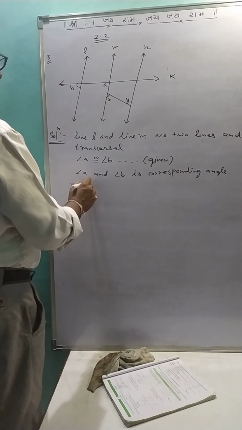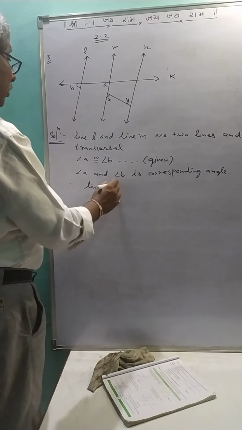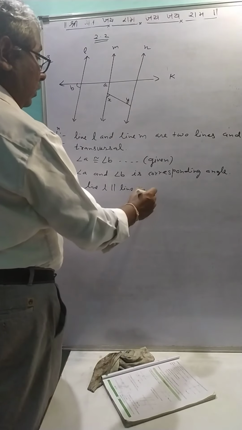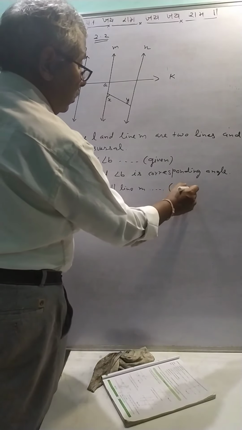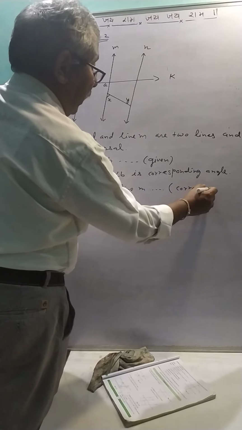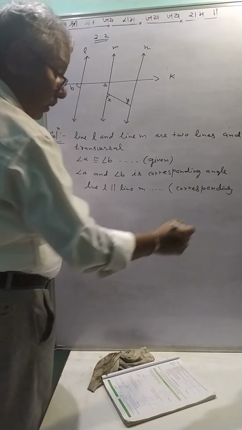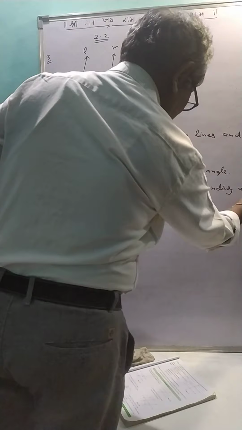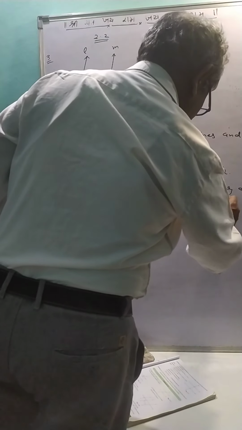Therefore, line L is parallel to line M by the corresponding angle test. Say the number 1.